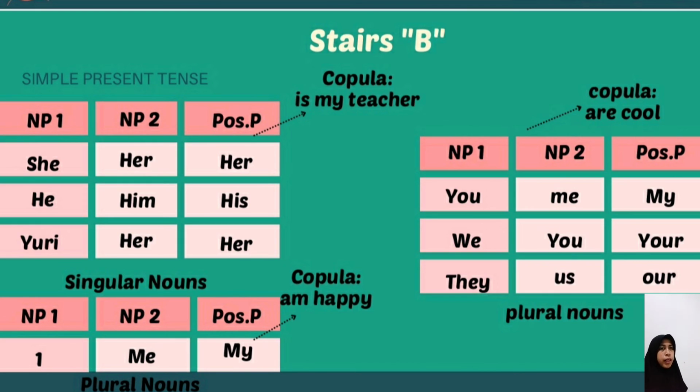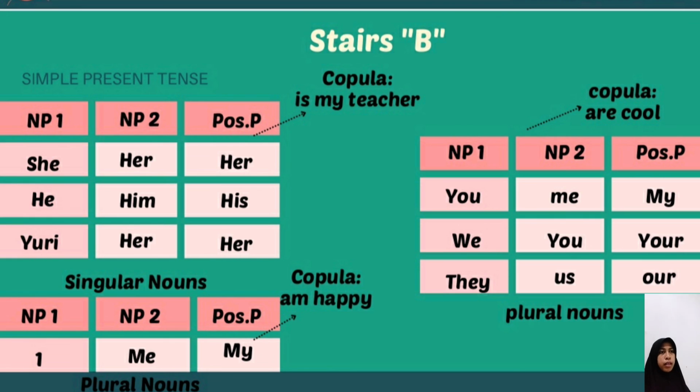Okay, the next material, present perfect tense. Present perfect tense is a sentence pattern with a change in the form of the verb that is used to express a past action or event that is still continuing until now. Here is a table containing NP1, a book, a kite, a table, and table 2, NP1, some books, two kites, and many tables.